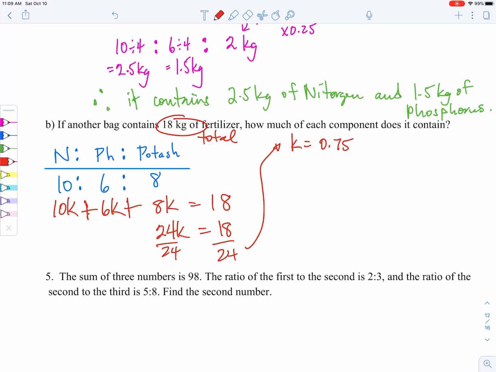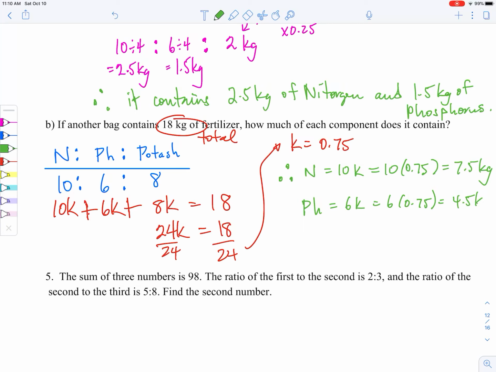So they want to know how much of each component. We're going to go back to the beginning. So nitrogen is going to be 10K, which is 10 times 0.75, which is 7.5 kilograms. So that's how much nitrogen. The phosphorus is going to be 6K, or 6 times 0.75, which is 4.5 kilograms.